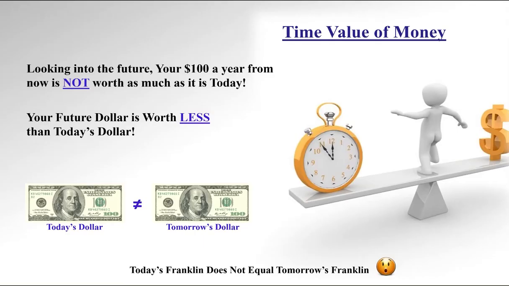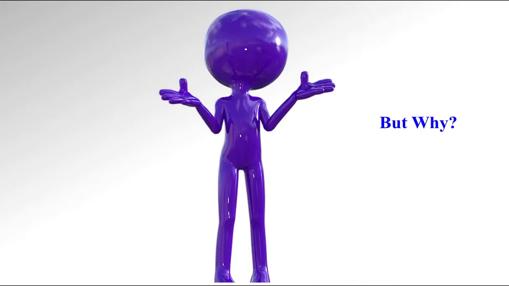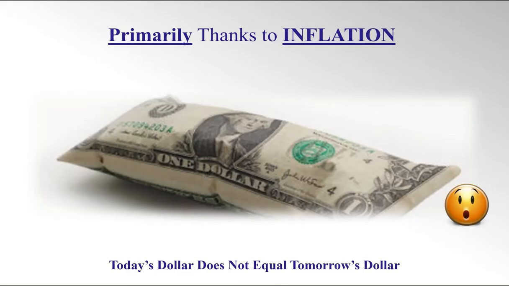Without gaining any interest on your money, the value of your money goes down in time. So your $100 today will not buy you the same things a year from now. A year from now, your $100 buys you probably a lot less than what it buys today. So in time, the value of your money goes down. Why? Because of inflation.